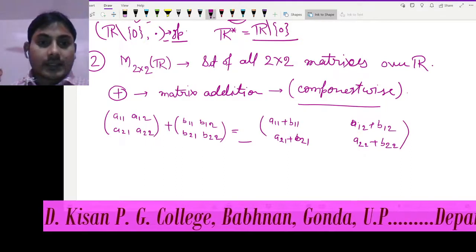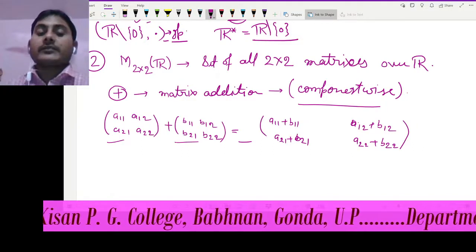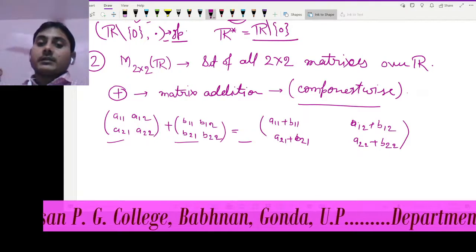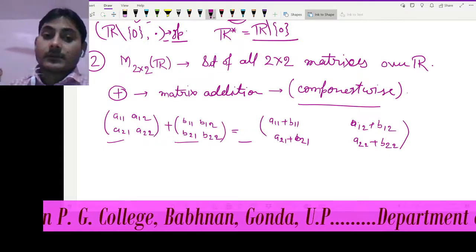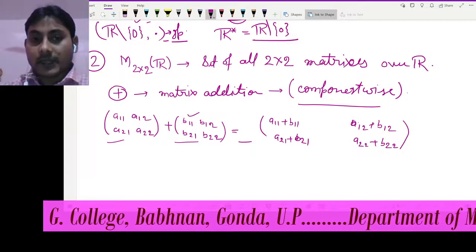So these are your entries, and we define matrix addition component wise in this way.